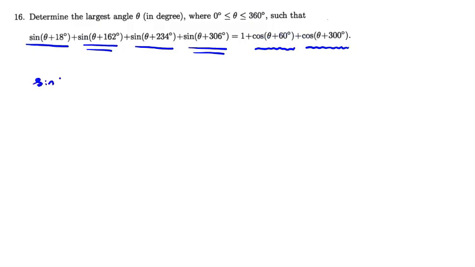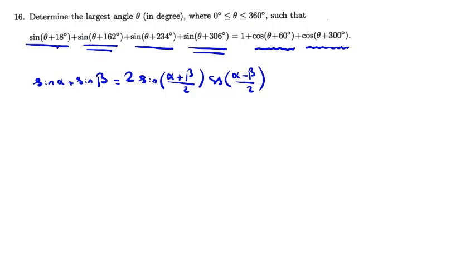Sine alpha plus sine beta equals 2 sine alpha plus beta over 2 times cos alpha minus beta over 2. So if we apply this on the left hand side, we have what? 2 sine of this plus this over 2, which will be theta plus 18 plus 234, which will be 126 times cos.